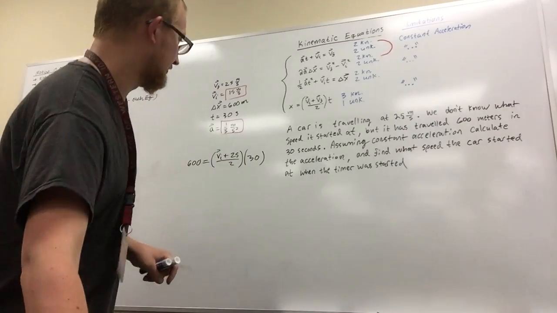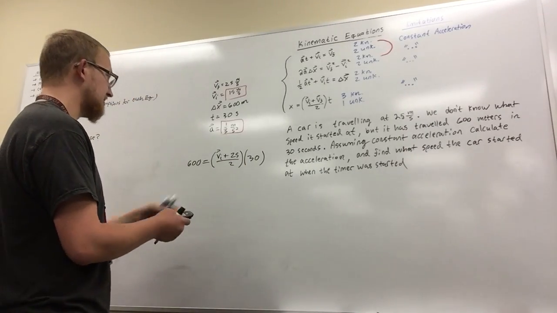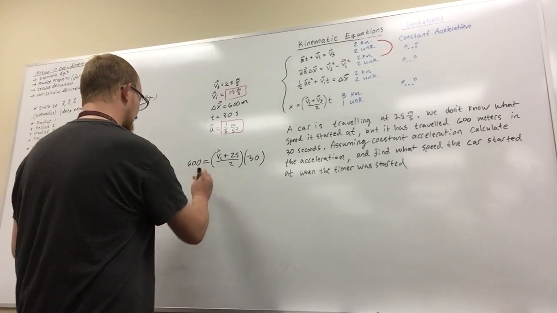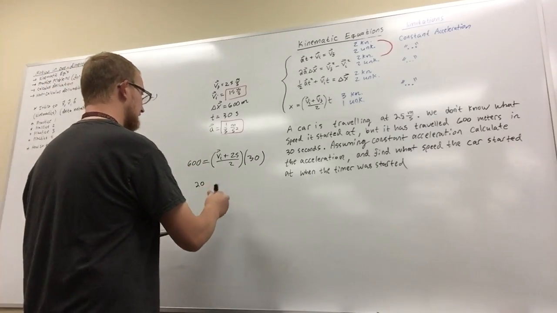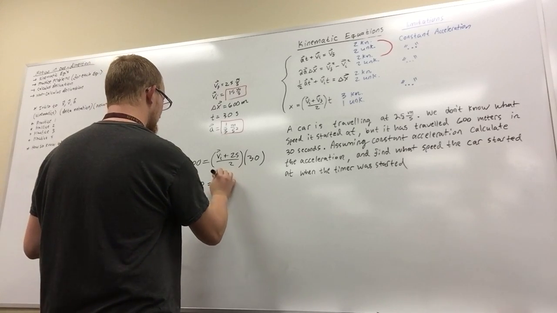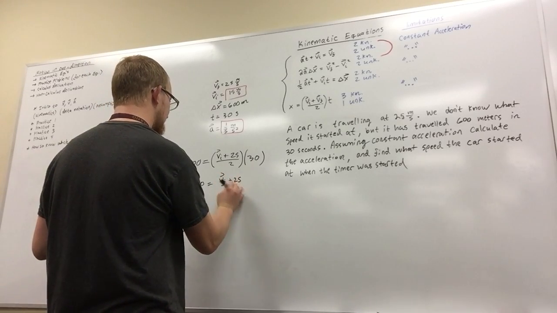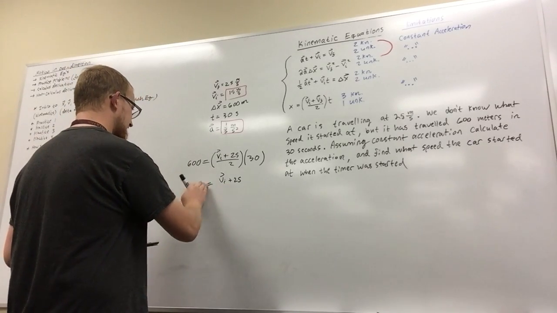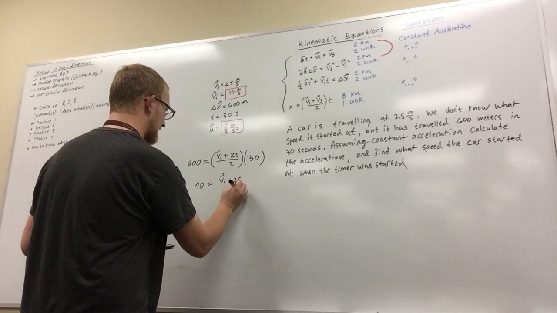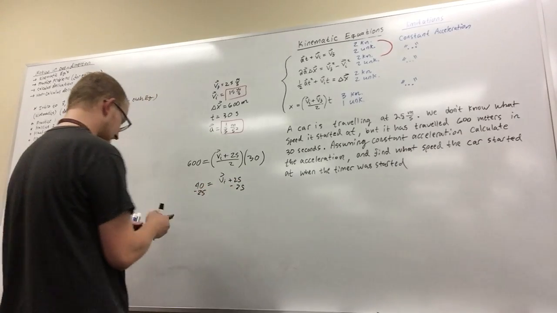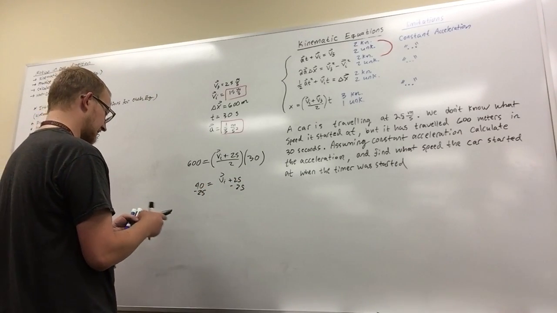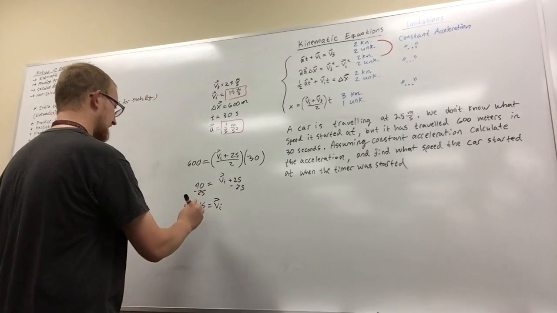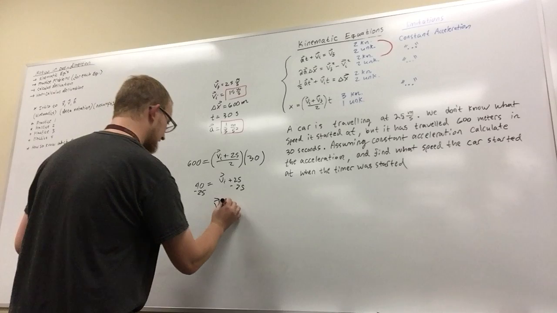So divide both sides by 30. 600 divided by 30 is 20. So 20 equals Vi plus 25 divided by 2. So we can multiply both sides by 2, which gives us 40 on this side, and then we can subtract 25. 40 minus 25 equals 15, which is Vi, so 15 meters per second.